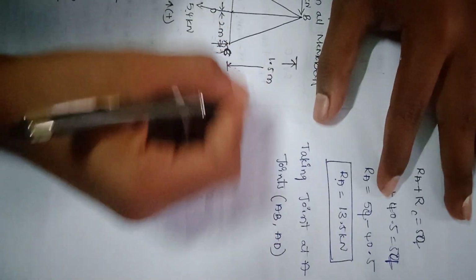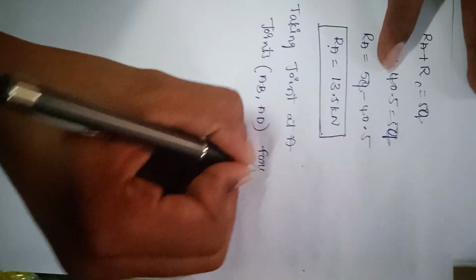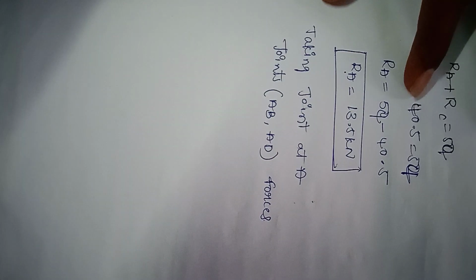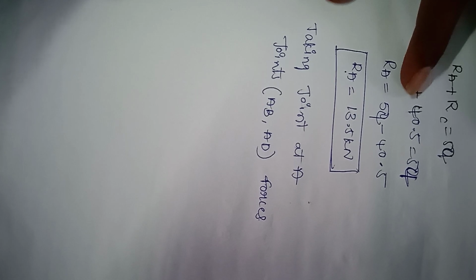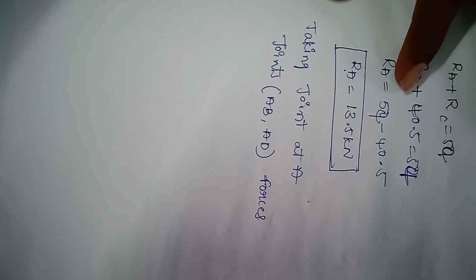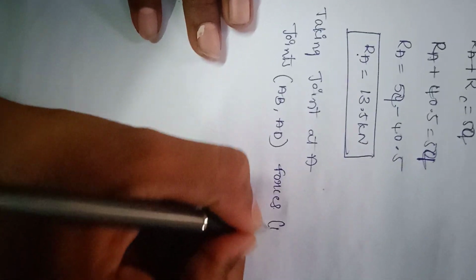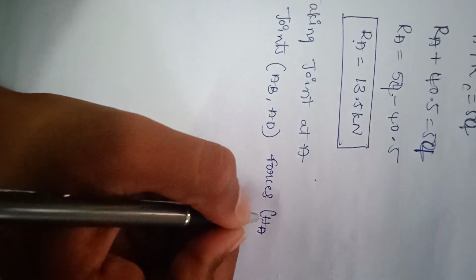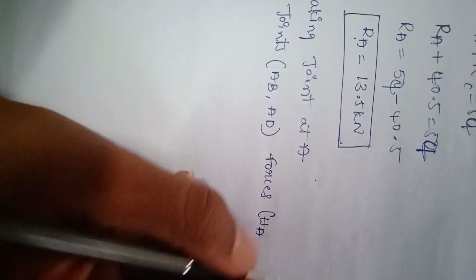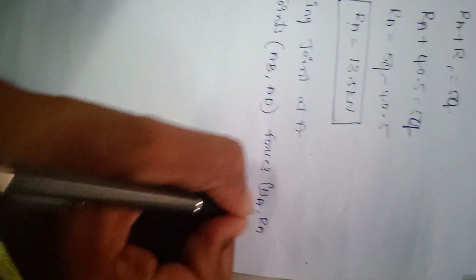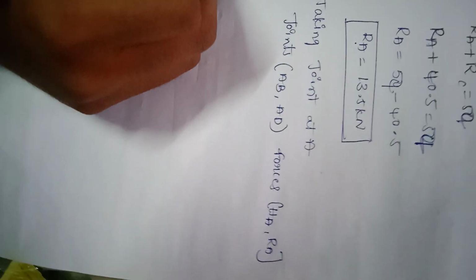Here two members are there. And forces, how many forces are there? One horizontal force and one vertical force, that is horizontal force HA and the vertical force RA. These are the two forces acting at the joint A.